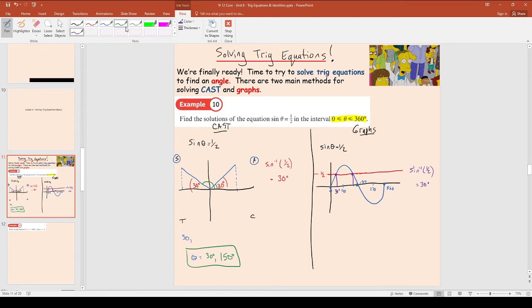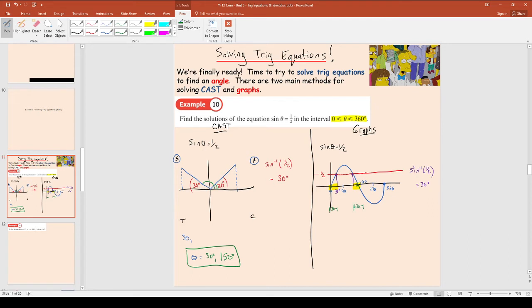Now, here is how your graph method works. Because of symmetry, that distance there is equal to that distance there. Not in terms of the angle itself, but in terms of distance, this is 30 from here to here, and this is 30 from here to here.